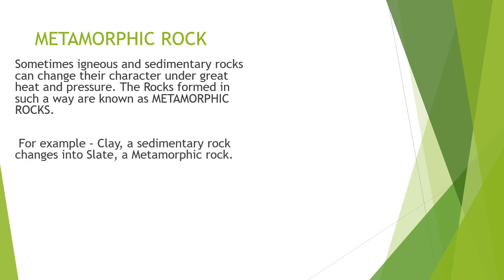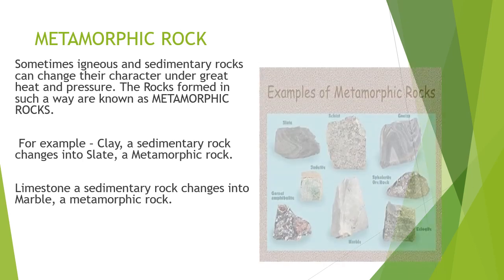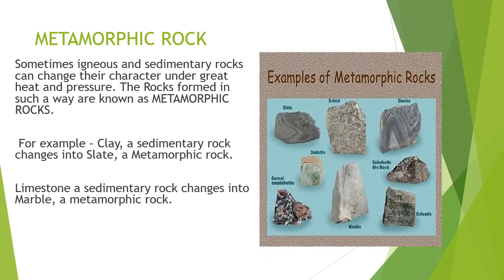For example, clay is a sedimentary rock, and it changes into slate after great heat and pressure. Slate is a metamorphic rock. Next example is limestone, a sedimentary rock, which changes into marble. Marble is an example of metamorphic rock.